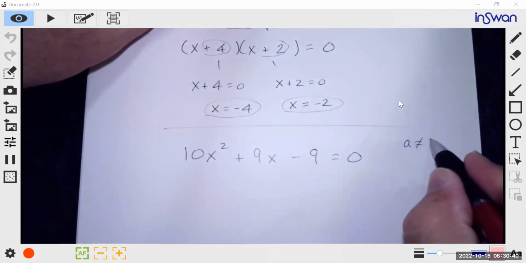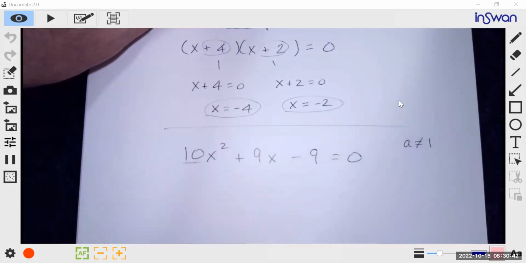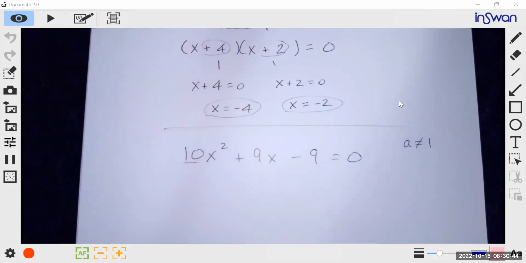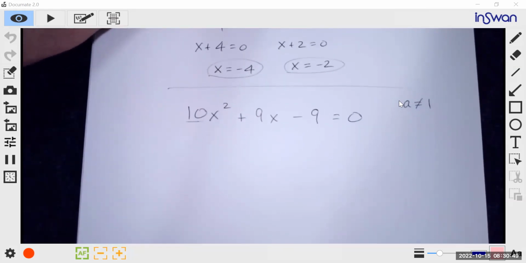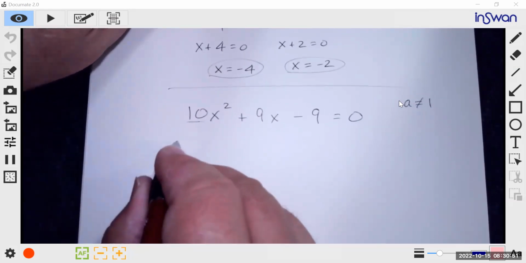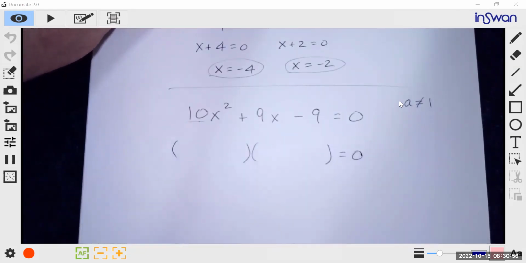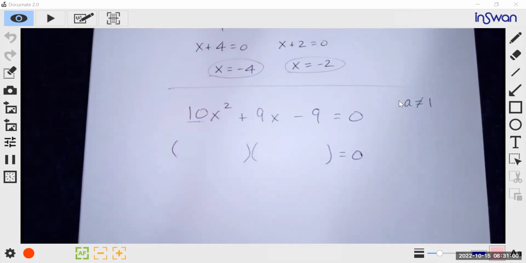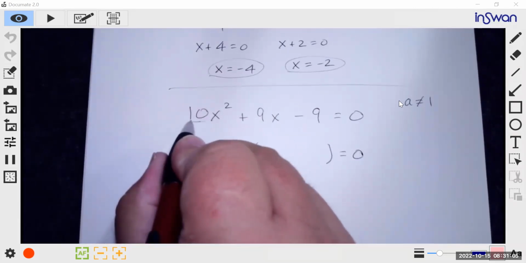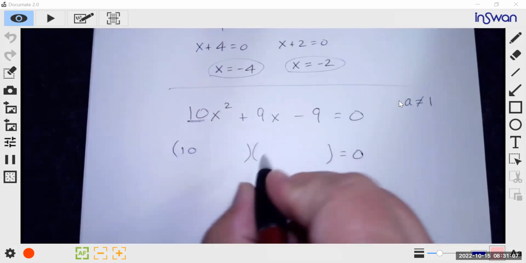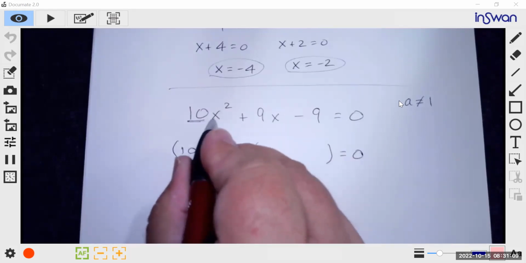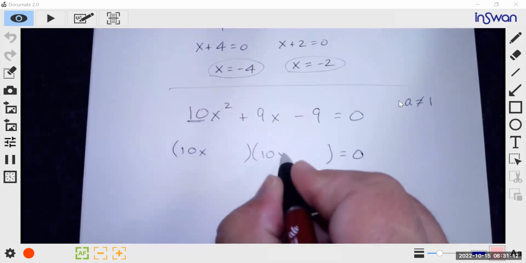If your leading term is not equal to 1, in this case it's 10, since we're using factoring, we're still going to use that method. So whatever number's in front of here goes in the first spot. And since it's an x squared, they both get an x.